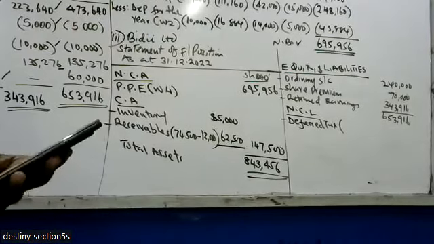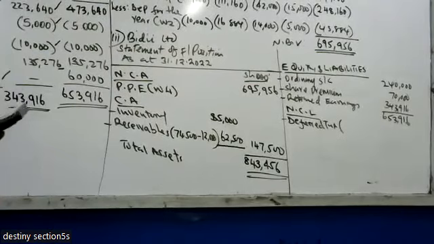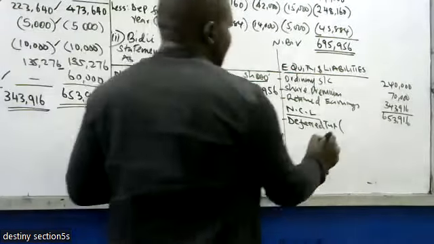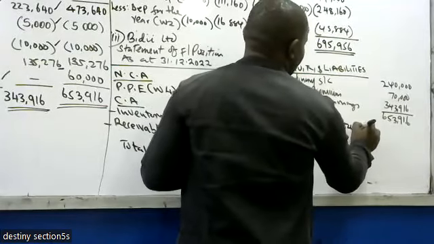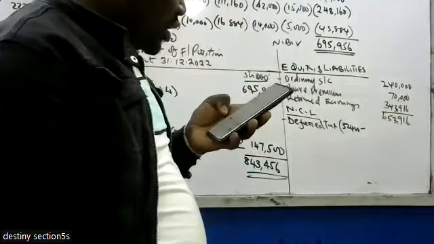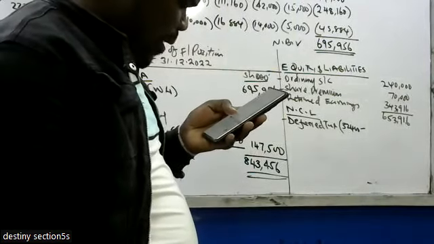There was a decrease, so the decrease will subtract. If you check, you'll see 32,400 minus the decrease.